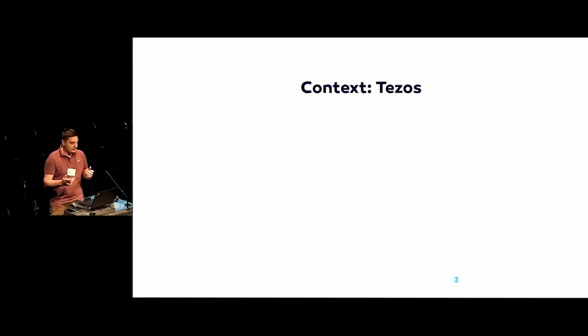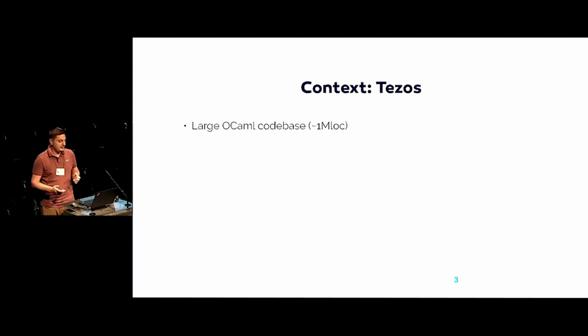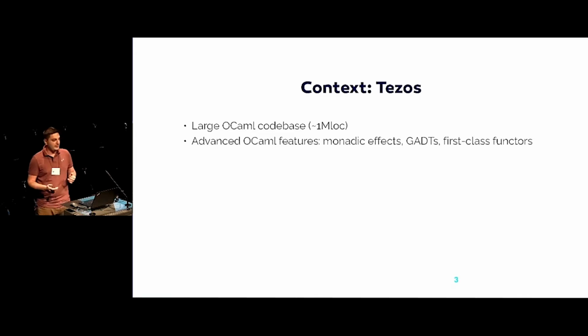So this was more or less the situation I found myself in when tasked with doing formal verification on the Tezos blockchain OCaml implementation. This is a very large code base consisting of around 1 million lines of code, although there's some duplication there, that uses a bunch of advanced OCaml features, such as monadic effects, GADTs, first-class functors, you name it.